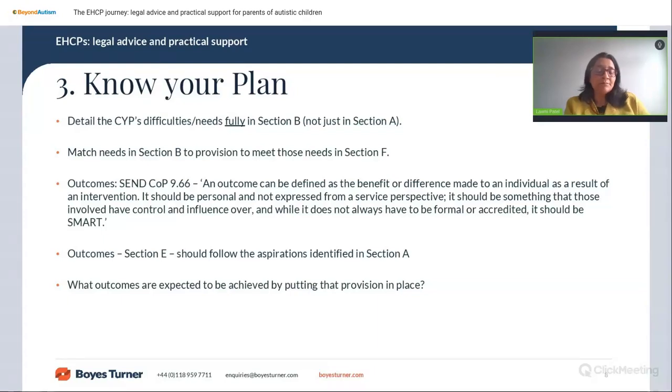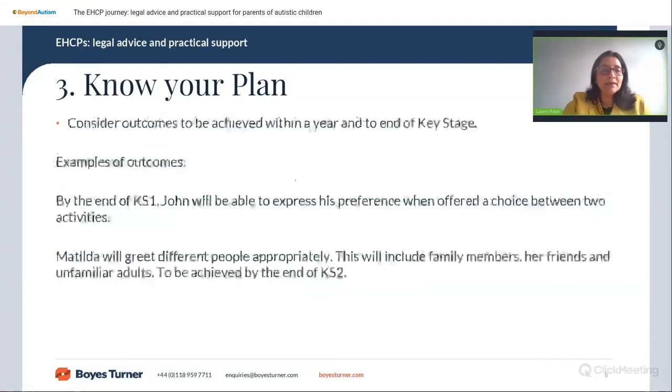So specific, measurable, achievable, realistic, and time-bound. So what is the young person expected to achieve from the provision that's in place, and by when? So know your plan fully and know what you're requesting when you get that proposed plan.